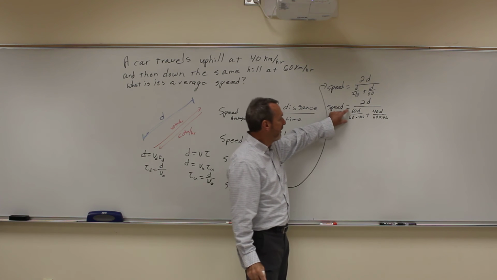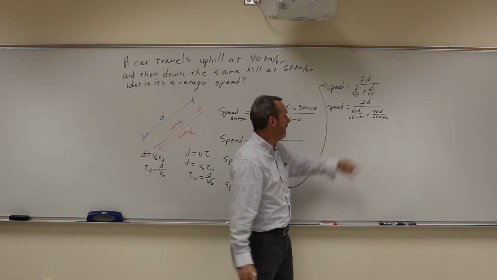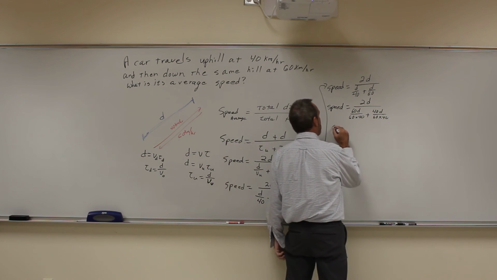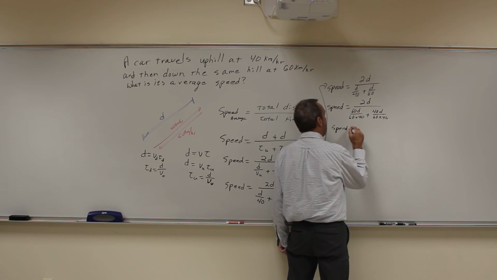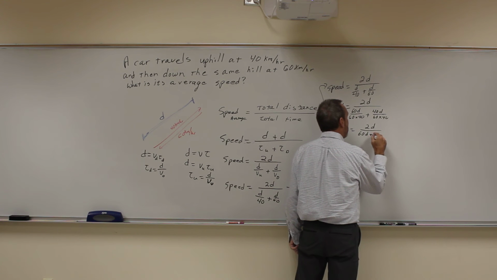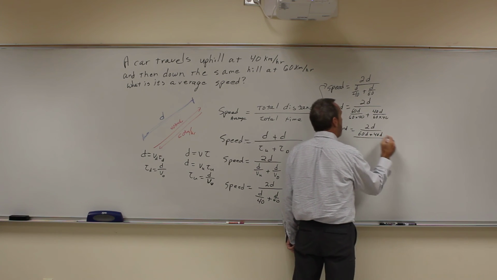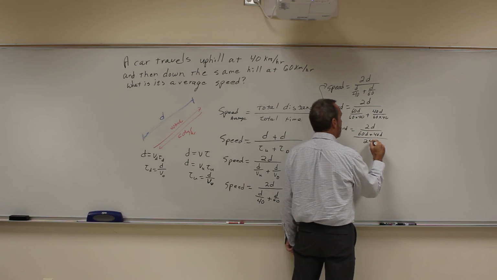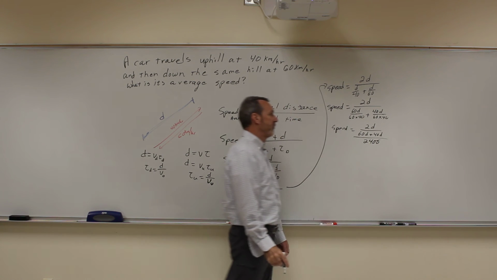So I just multiply this by 60 over 60 and this by 40 over 40. Gives me the same denominator, so the speed is equal to, when I simplify this, 2d over 60d plus 40d over 60 times 40, which is 2400.